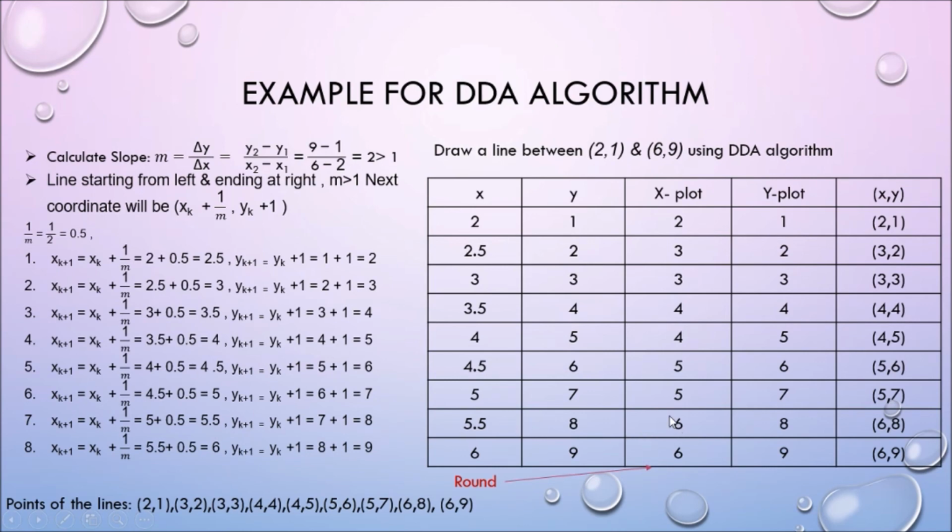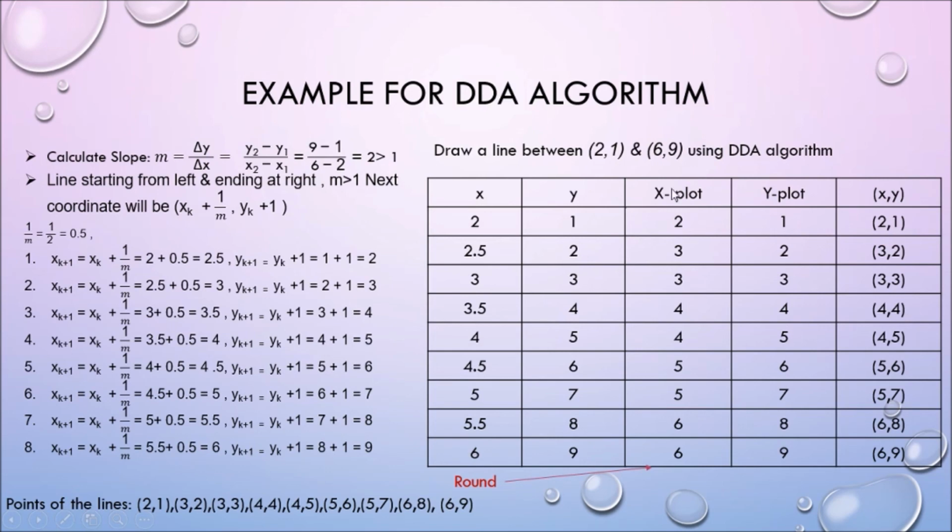In the plotting, we will again round it, and the next coordinate will be 6 and 8. The last operation, 5.5 plus 0.5 equals 6, and yk plus 1 equals 8 plus 1 equals 9.